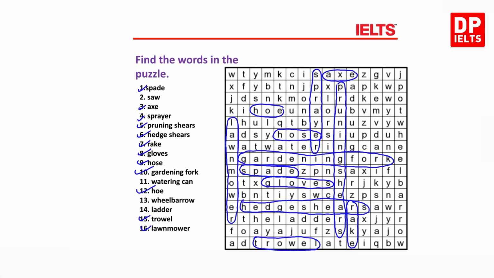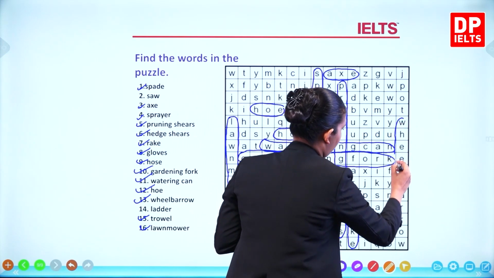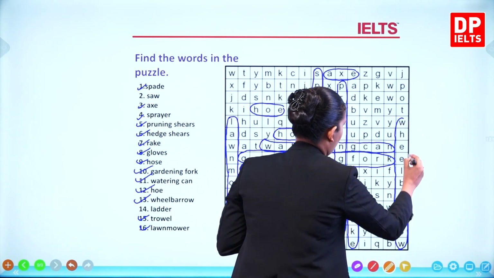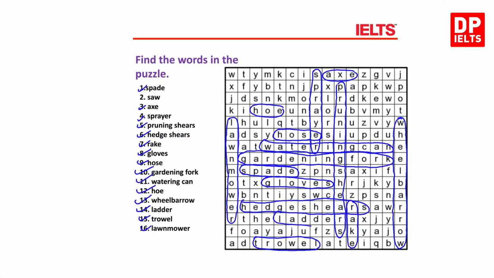We have the watering can. What do we have left? We have the saw. We also have the wheelbarrow. Here we have the wheelbarrow. We have ladder, and here you go, ladder. Final word which we haven't done is saw. And where is that? Here, it's here. Right.